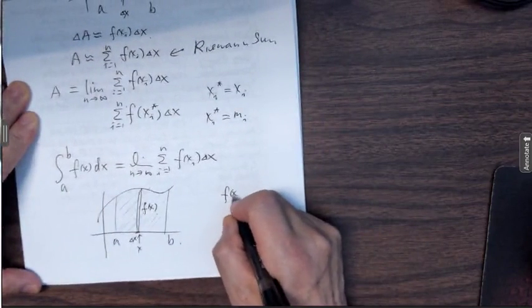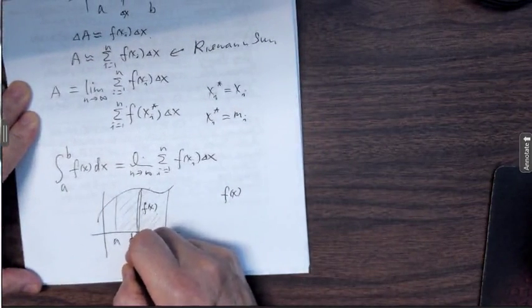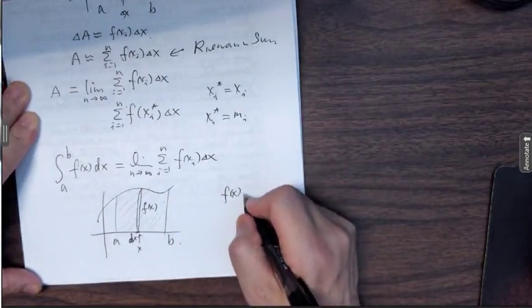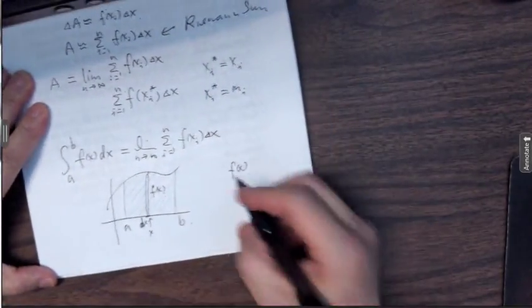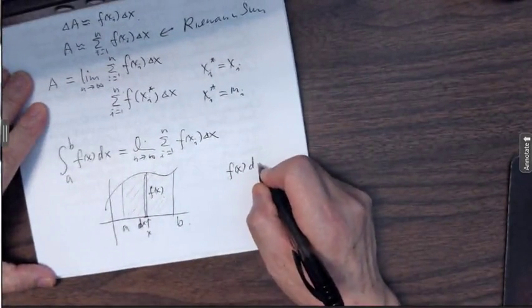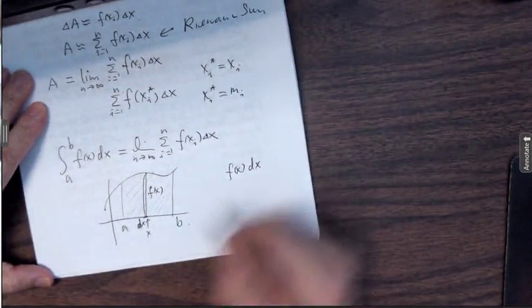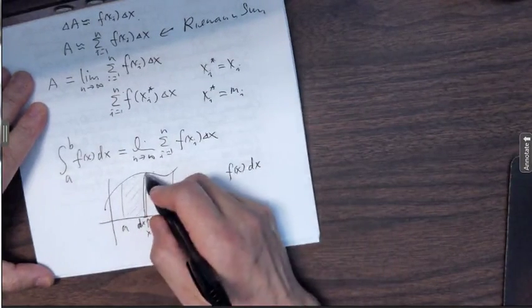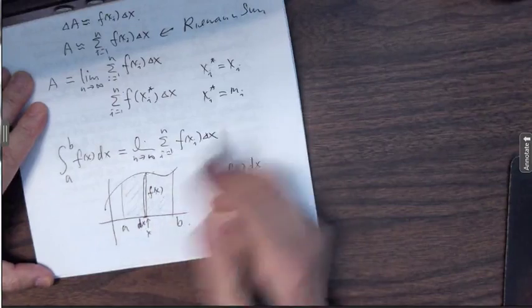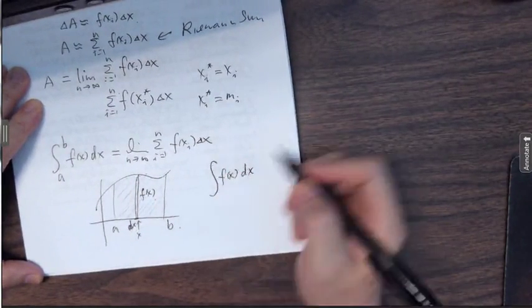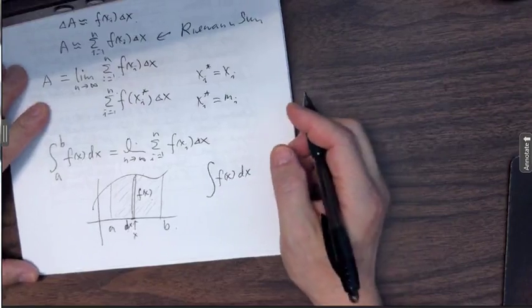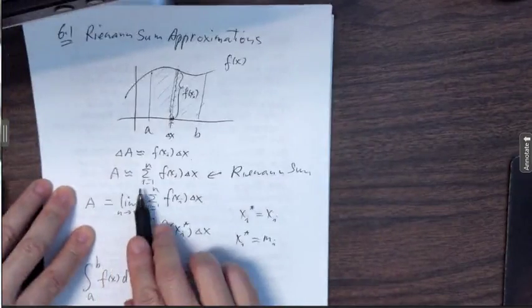Then we have f of x times dx. Instead of delta x, we use dx. It's the same thing: delta x represents the x increment, and so does dx. Just different notation. The height times width approximately represents the area of one strip. Now we add them up, using a stretched s to represent summation, same as the summation there.